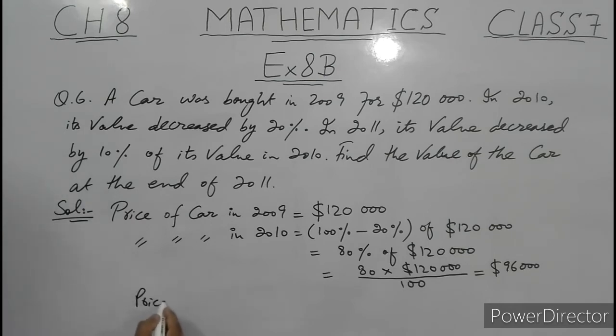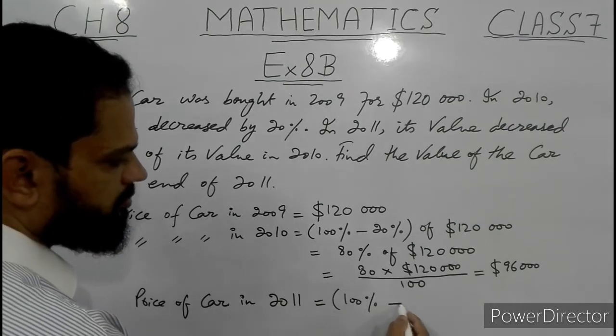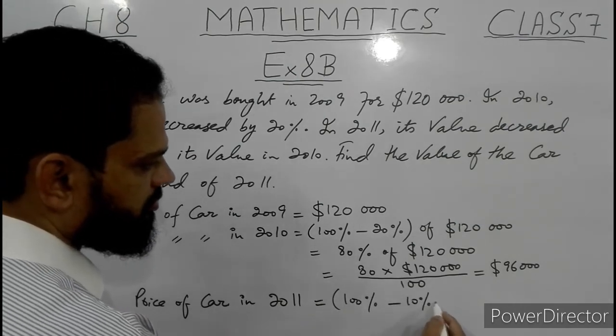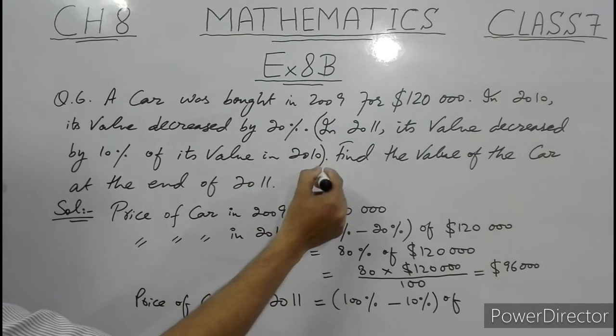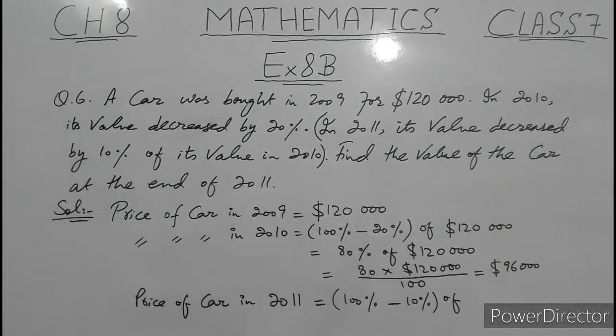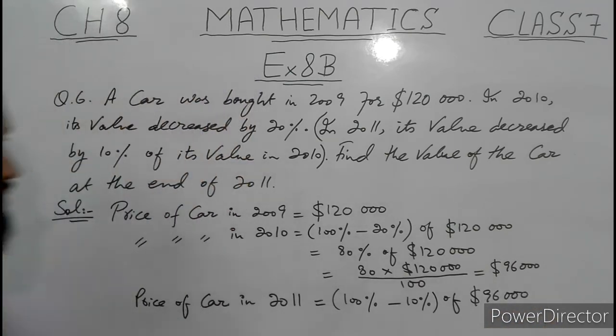So price of car in 2011 will become 100% minus 10% of price of car in 2010. 100% minus 10% will be 90%.